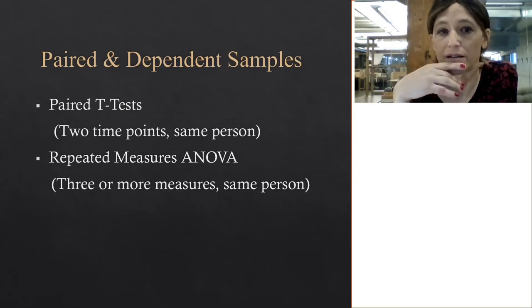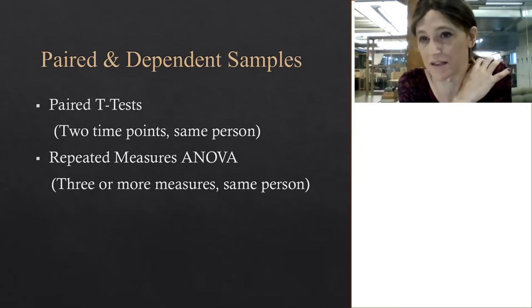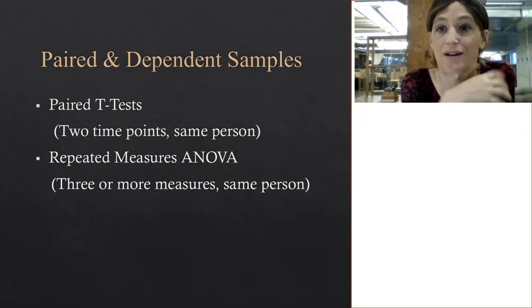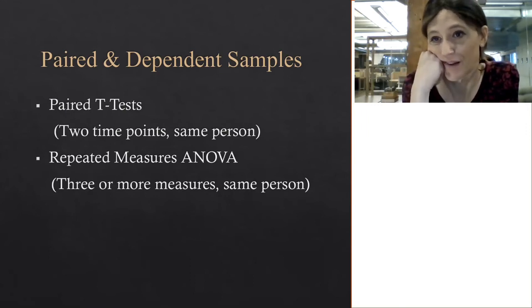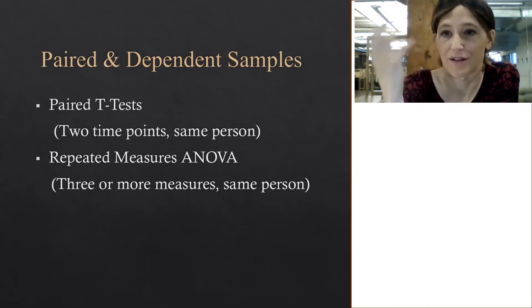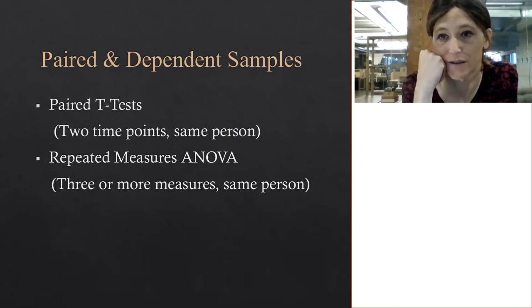So if we do a paired t-test, we actually have to use a slightly different test statistic, and we're going to have a different value for that test statistic. However, conceptually, it's very similar, and we can use statistical software to calculate a paired t-test.